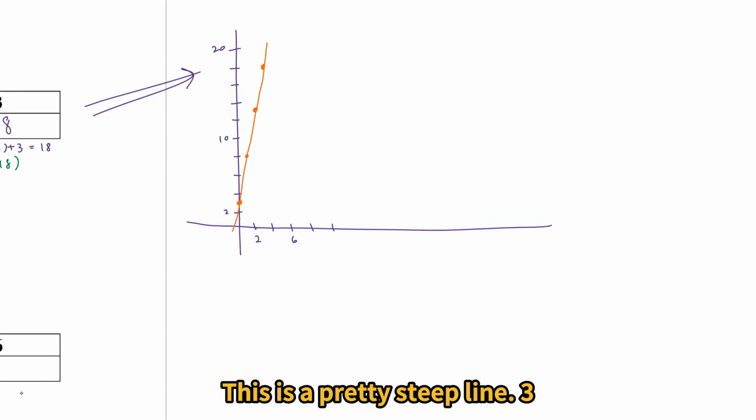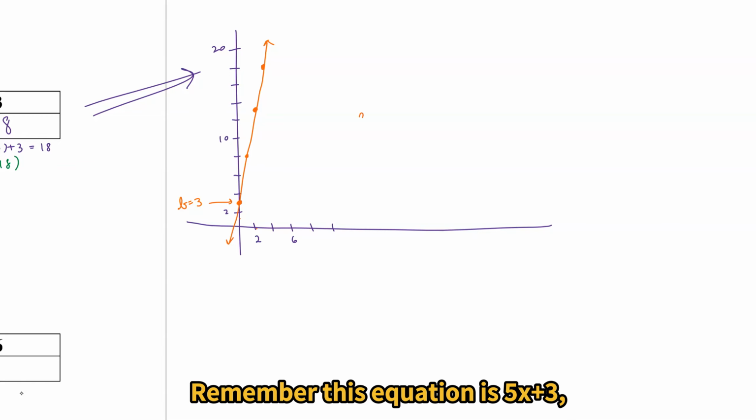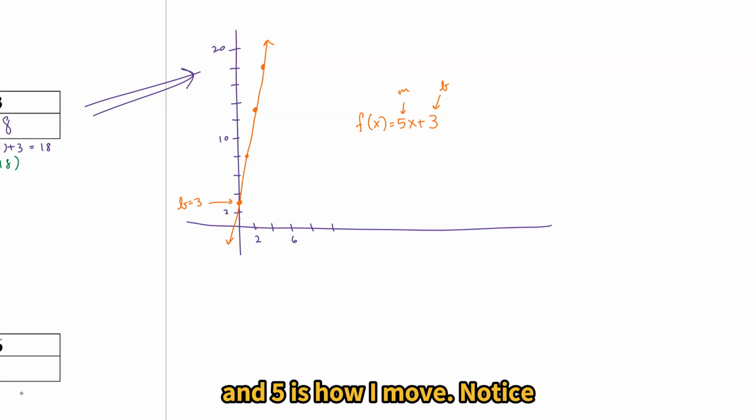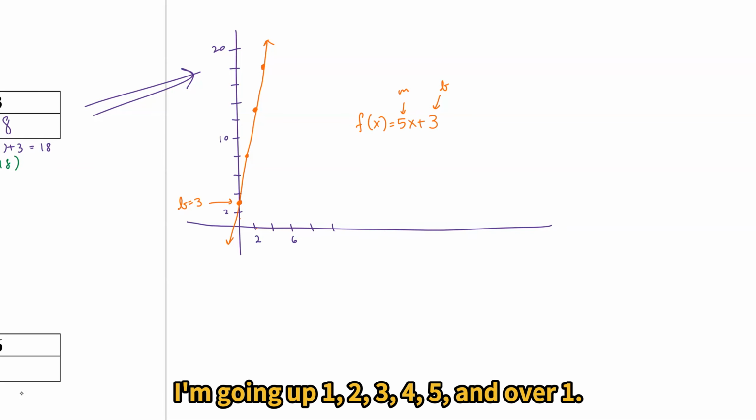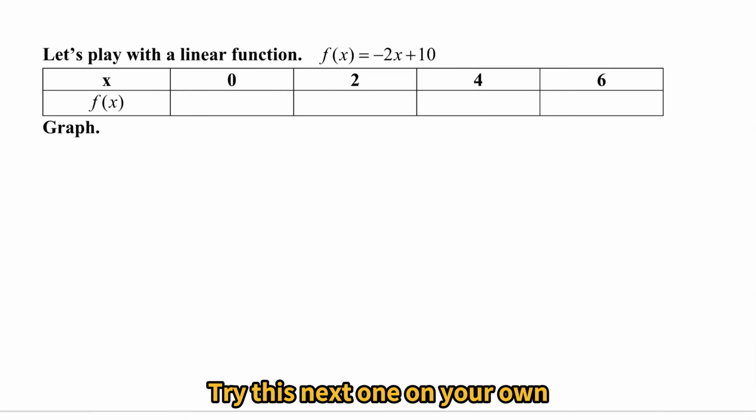This is a pretty steep line. 3 is where I begin on the y-axis. So remember this equation is 5x plus 3, and 5 is how I move. Notice I'm going up 1, 2, 3, 4, 5, and over 1. And so I can recreate that graph also by using the function. Try this next one on your own and see if you can get a graph.